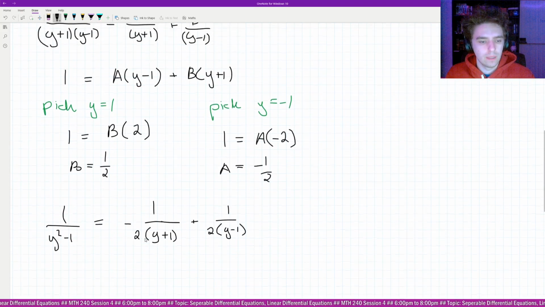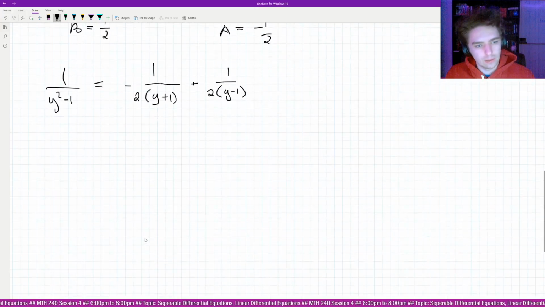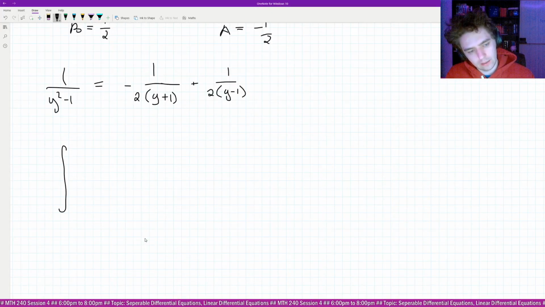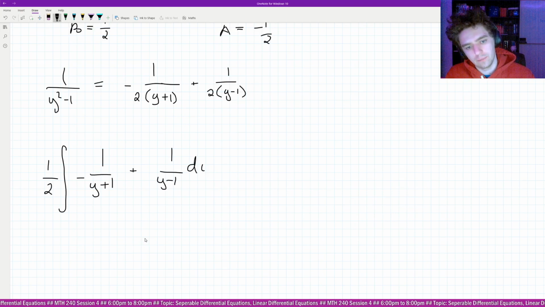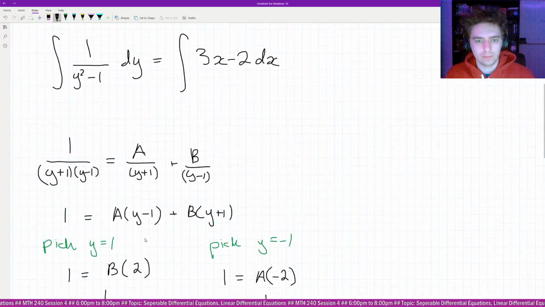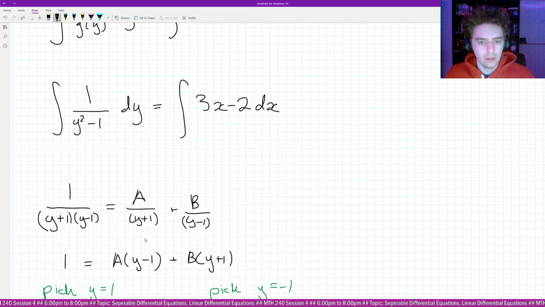So I can integrate this now, right? On the left side, I can factor out a half, so 1 half is going to go here: negative 1 over y plus 1 plus 1 over y minus 1 dy equals, the integral of this is going to be 3 over 2 x squared minus 2x.